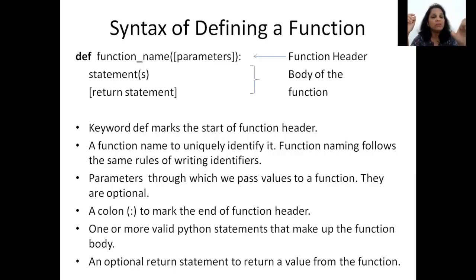And the function name must follow all the rules of an identifier. Initial chapters of class 11 must have told you 5 rules for naming an identifier. And what were they? The first one said, identifiers can consist of alphabets, digits, and underscore. Then identifiers cannot begin with a digit. Then identifiers can be of any length.